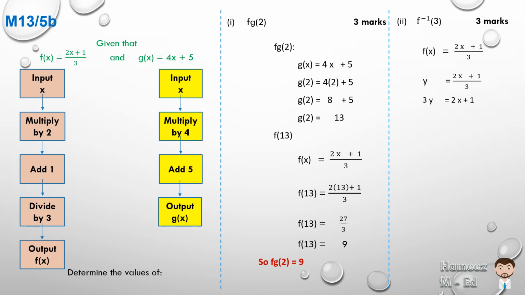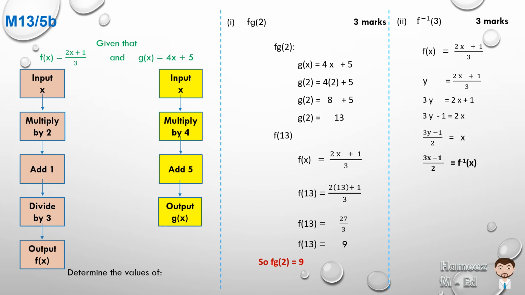So you get 3y is equal to 2x plus 1. And that means if we want to get the 2x alone on the right side, let's move the plus 1 across. It will subtract. So it means 3y minus 1 is equal to 2x. And if I want x alone, then 3y minus 1 all over 2. And as such, f inverse of x is equal to 3x minus 1 over 2.